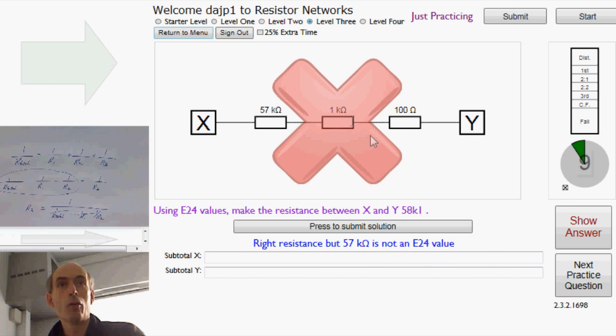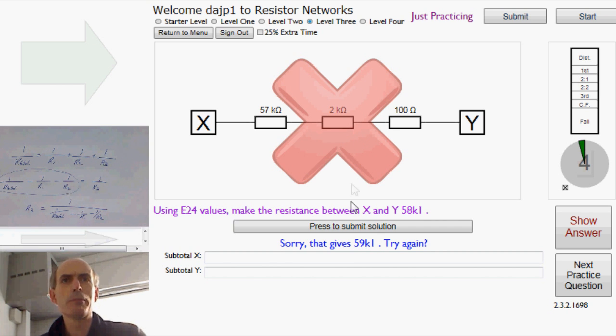If I get the value wrong, if I put in, say, 2k here, not 1k, then it would tell me that the value was wrong, and it would work out what it is and tell me that, just to give you a bit of extra help about where you've gone wrong.